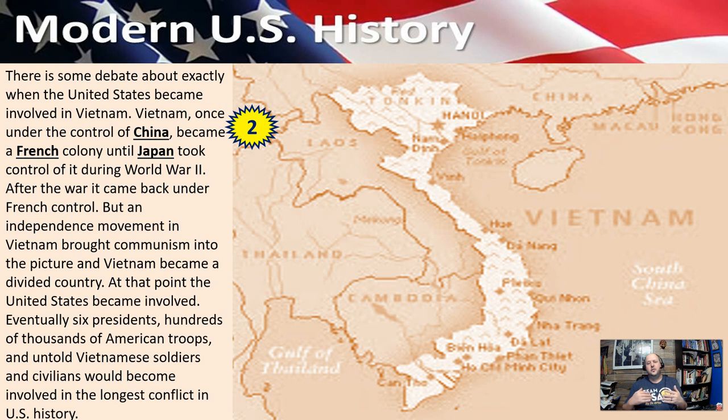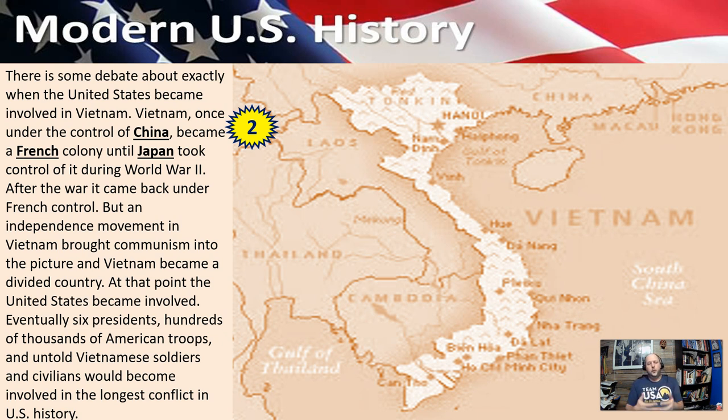If you think similarly to Korea, when we talked about the Korean War, you had North Korea that was communist, a South Korea that was capitalist and democratic, and that was that kind of civil war. And a really similar situation is going to play out here in Vietnam, where you're going to have a communist North Vietnam and a democratic and capitalist South Vietnam.